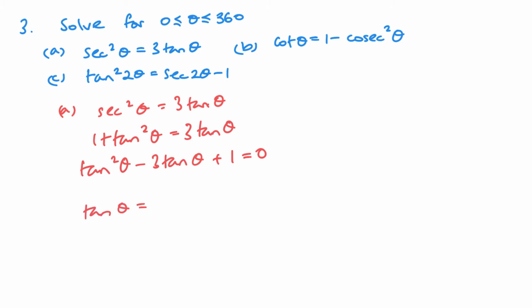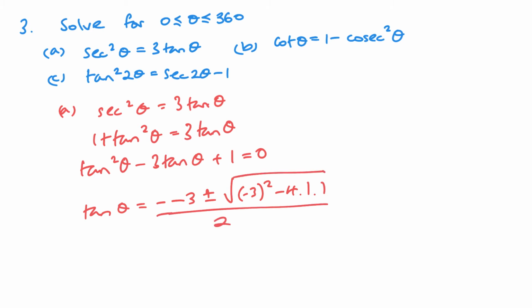So my tan theta is going to be equal to minus b plus or minus the square root of b squared minus 4 times a times c all over 2 lots of a. So we've got 3 plus or minus, then we've got 9 minus 4, so the square root over 2.